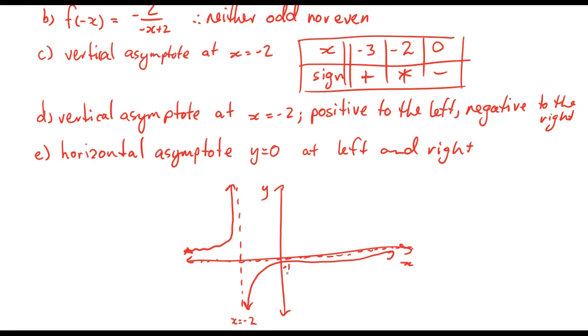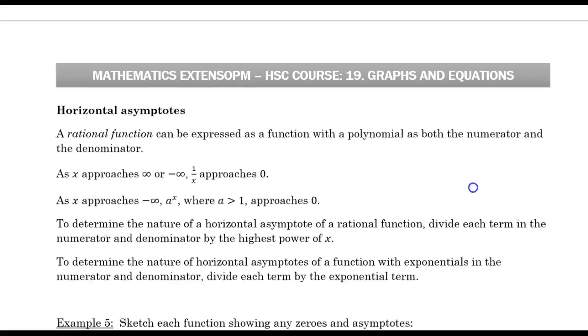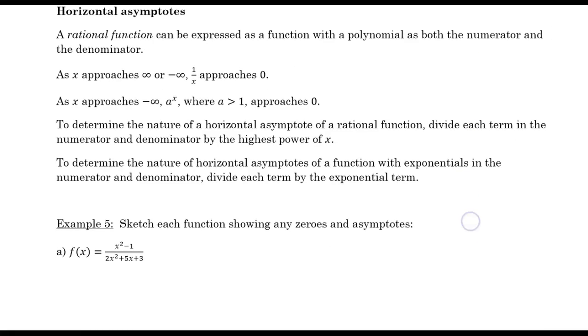Now, we investigated that horizontal asymptote just sort of by inspection. Sometimes, however, we need to take a bit more of a formal approach to understand what's going on. Where we have a rational fraction, with a polynomial on the top and bottom of a fraction, I'm going to divide every term in both polynomials by the highest power of x.